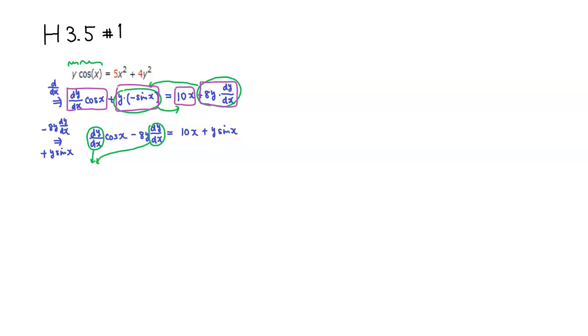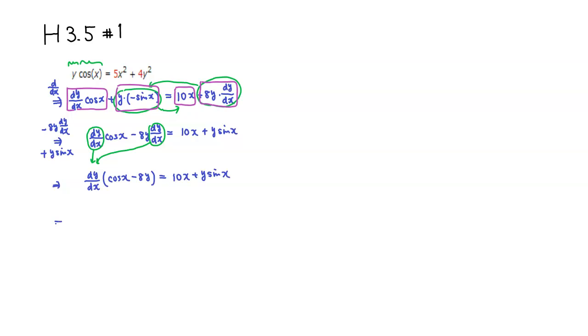We get dy over dx, and what's left is cosine of x minus 8y, and the right hand side stays the same, so you have 10x plus y sine of x.